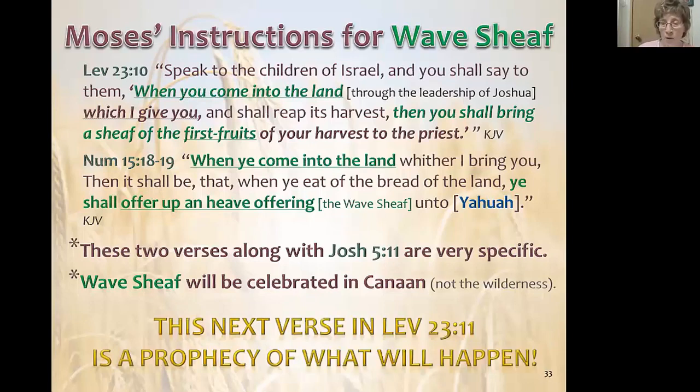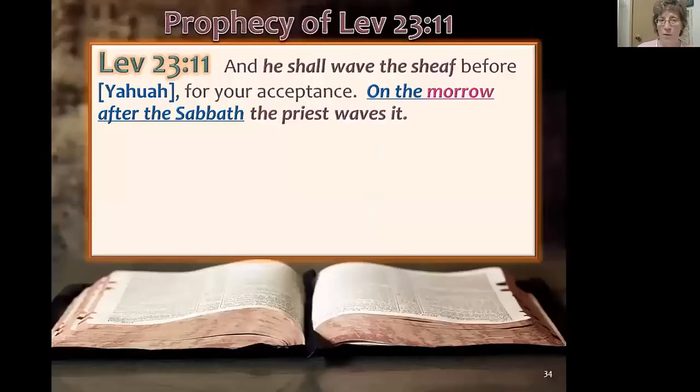The very next verse in Leviticus 23:11 is a prophecy of what's going to happen. It's a very important verse. Remember, I told you Leviticus 23:11 and Joshua 5:11 go together. This is what it says. Acceptance.